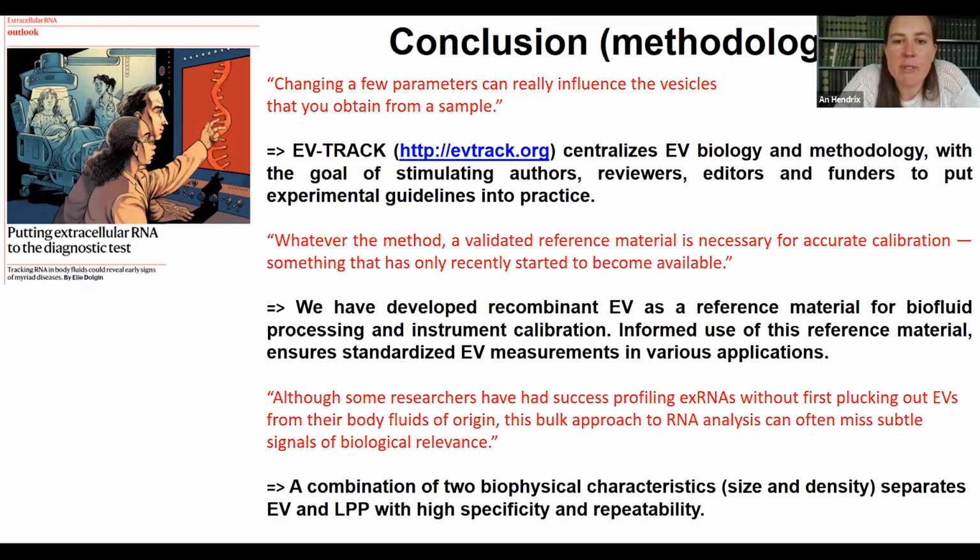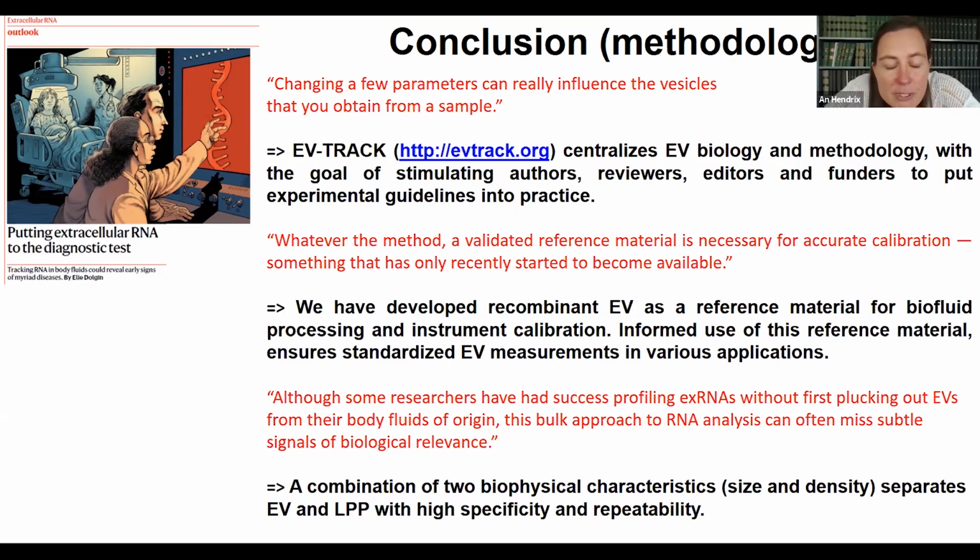Secondly, whatever the method, a validated reference material is necessary. That's also true. Reference material can really help us in understanding pre-analytical factors, but also in normalizing data and calibrating instruments. So we have contributed to this by developing the recombinant extracellular vesicles that can assure standardized measurements across multiple applications.